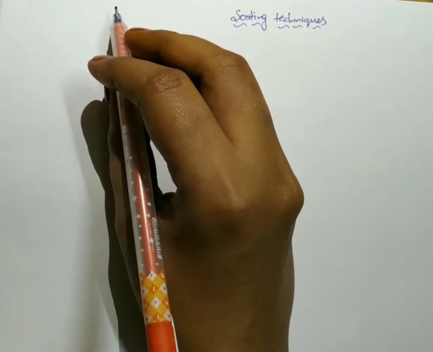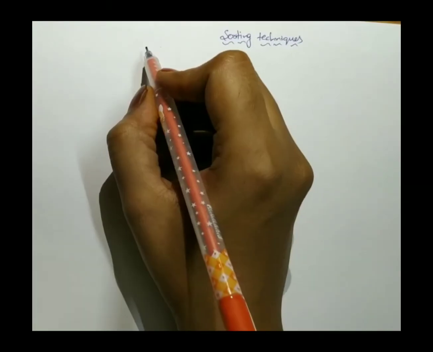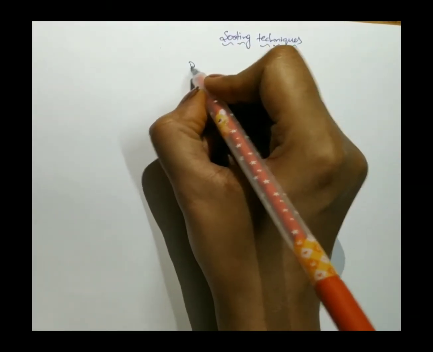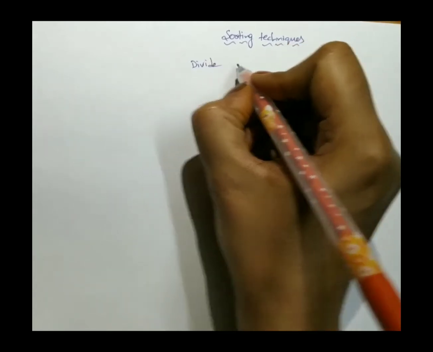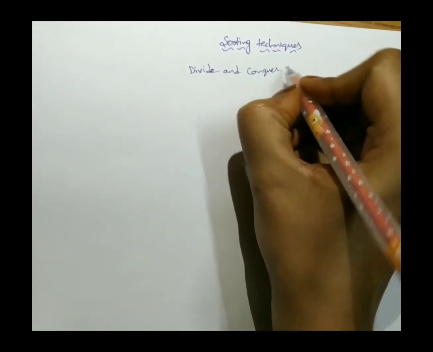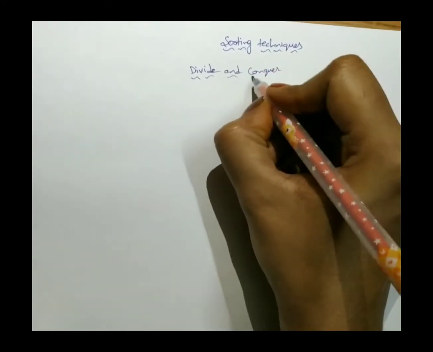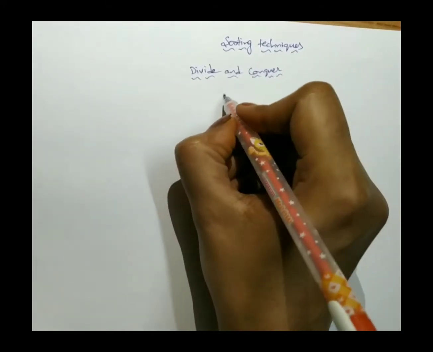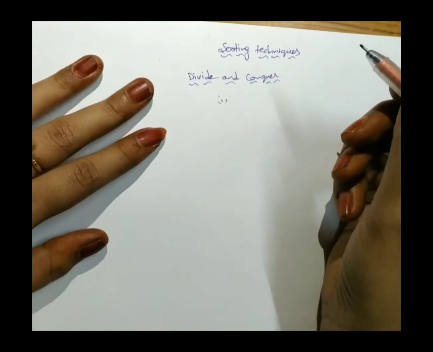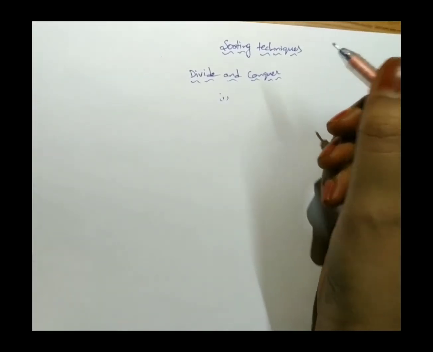Now let us discuss the sorting methods which come under the divide and conquer method. Here we have two different types of sorting techniques which follow the divide and conquer method.